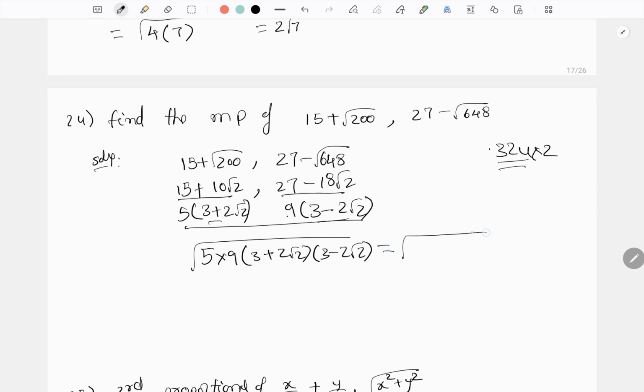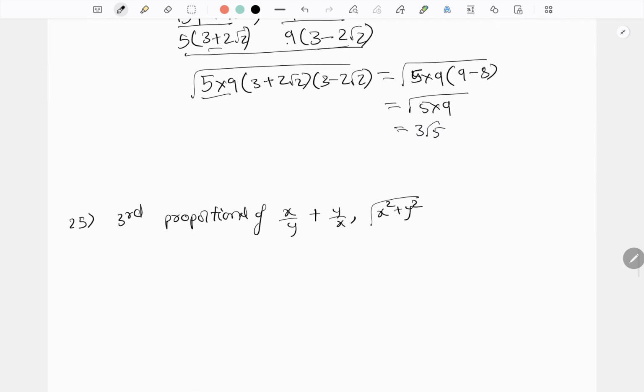That will be equal to root of 5 nines 45. Or otherwise write it as 5 into 9 into 9 minus 8. So root of 5 into 9. Root of 9 is 3. 3 root 5 is our answer.